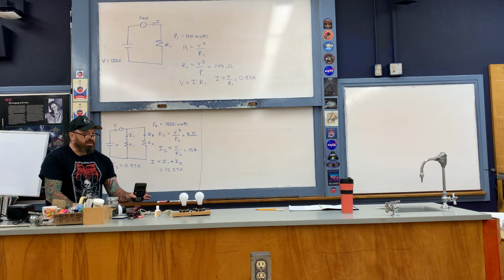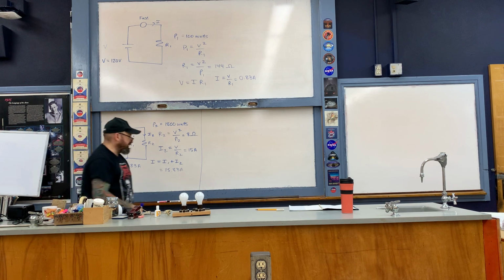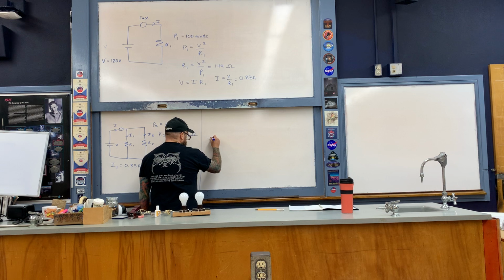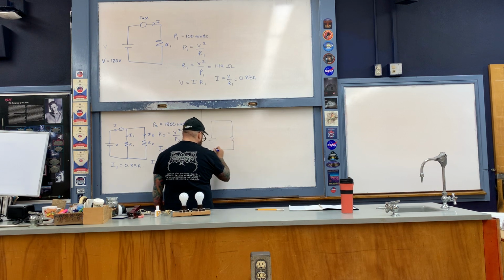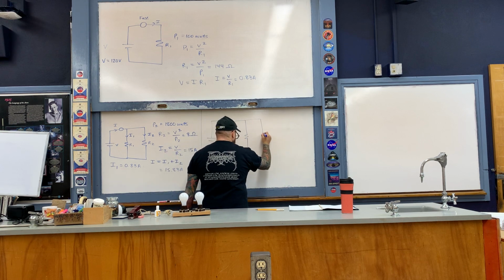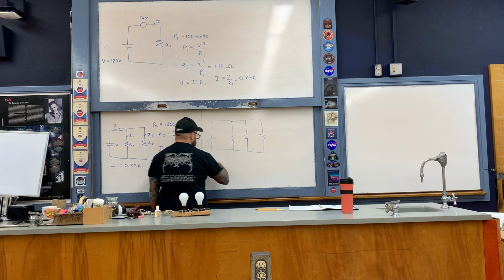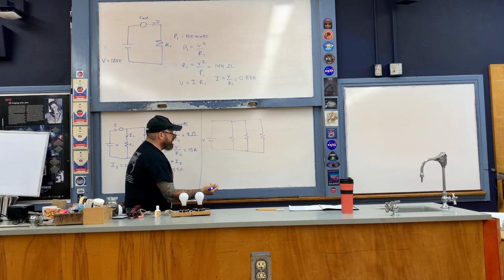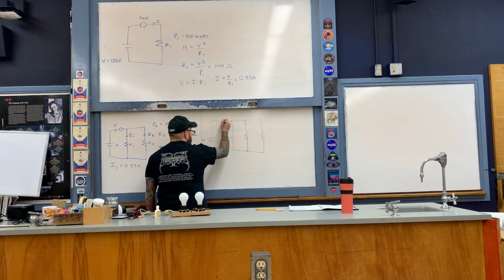Okay, next you turn on the stereo. So I'm going to add a branch to the circuit. Like so. So here's my battery of voltage V. Once again, here's the fuse. I keep on forgetting to draw it.